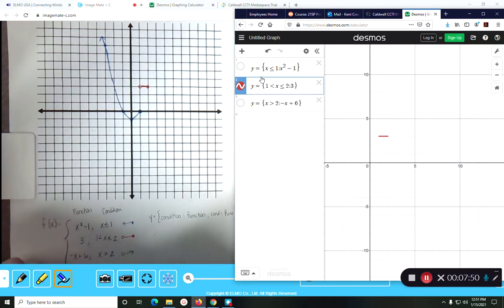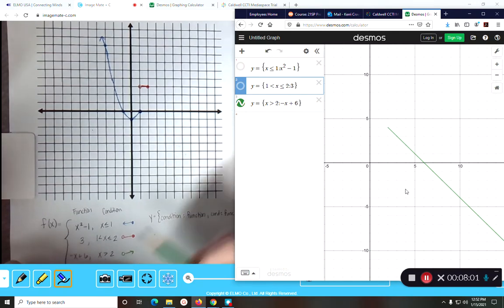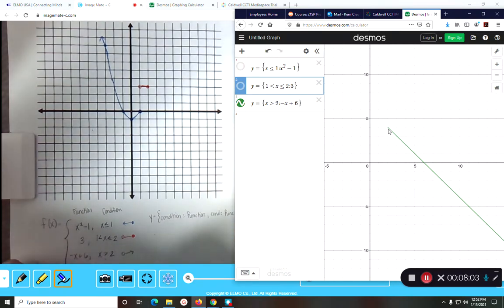Alright, now let's go to the last graph. I'm going to show that one and take the red one away. Alright, for the last graph, we said it's going to have an open circle on the left and then an arrow to the right. So if I click my furthest left-hand point, notice how it says 2 undefined. I'm holding my cursor down and it shows me an open circle.